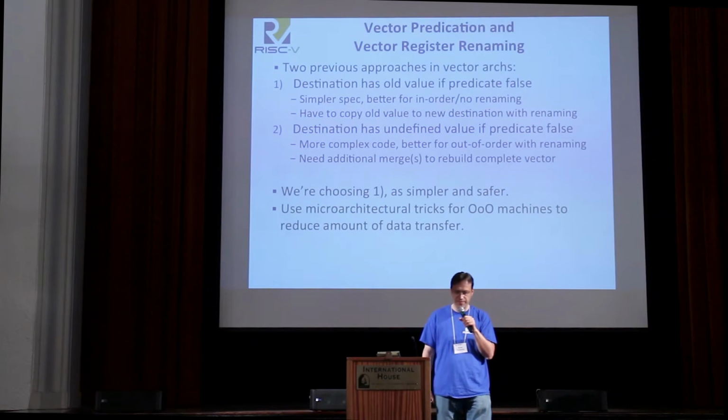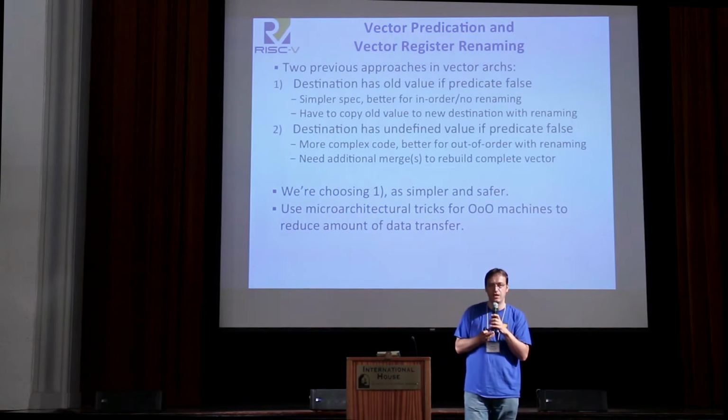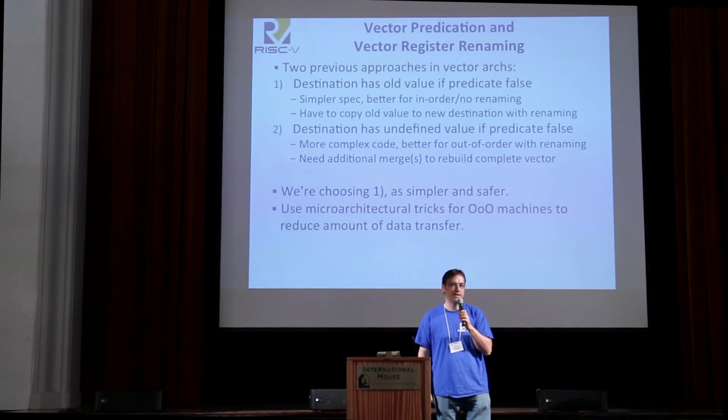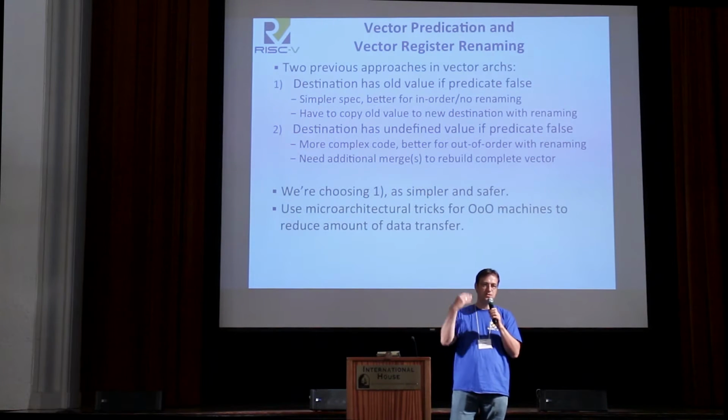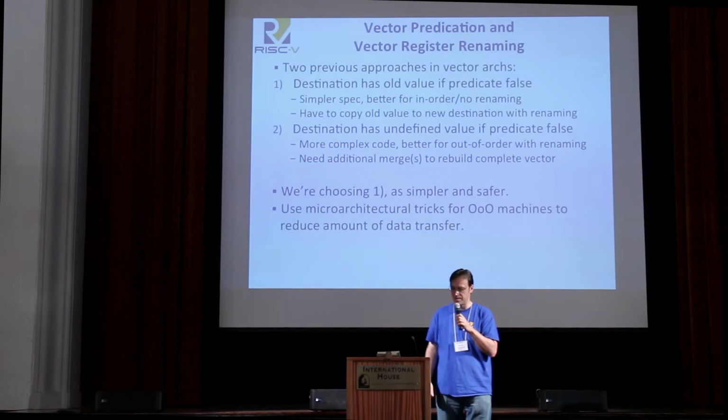Some detail to think about, vector predication interacts not so well with vector register renaming if you have an out-of-order microarchitecture. What predication is, you have to write the old result to the destination physical register, even if you're not computing it in that position. So there's a copy involved.